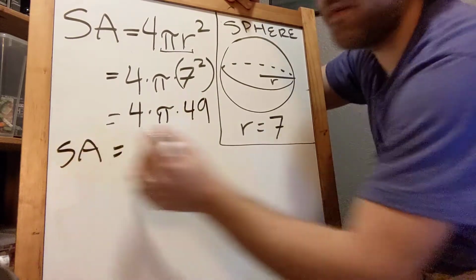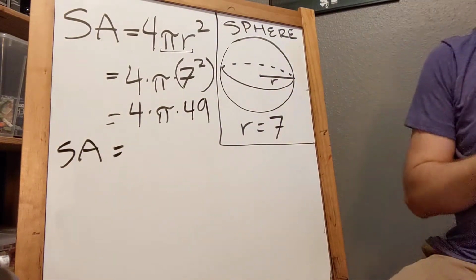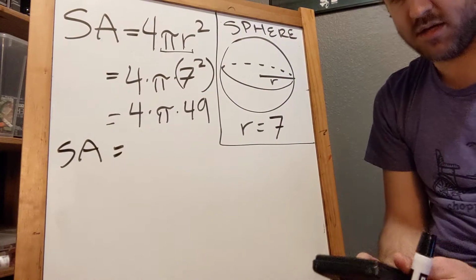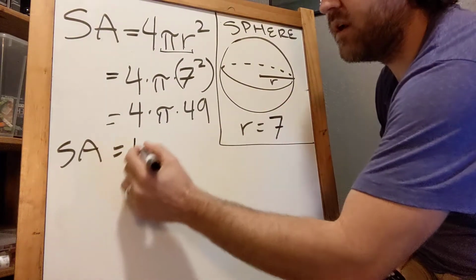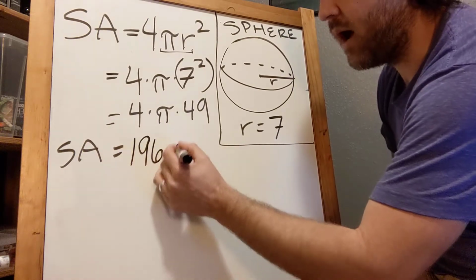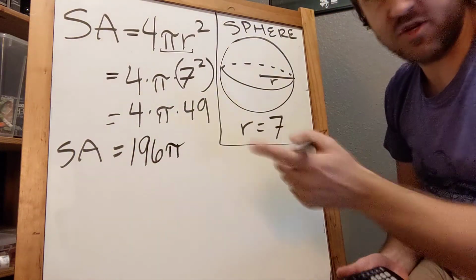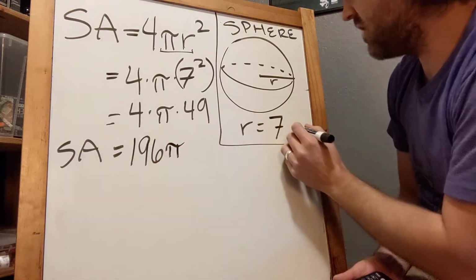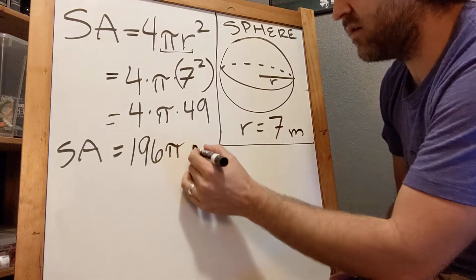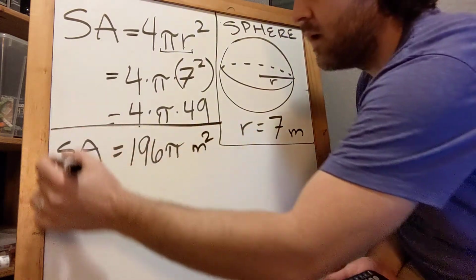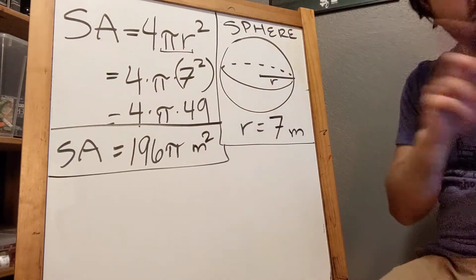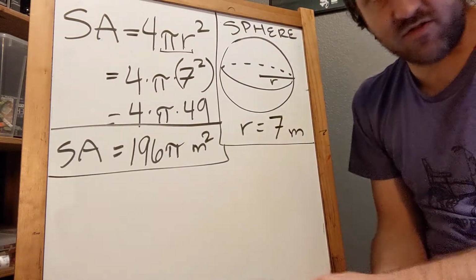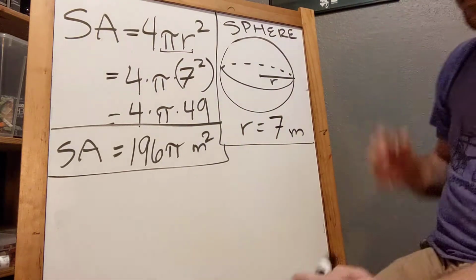We're still doing surface area, so we're going to get our calculator here, and we have 4 times 49 is 196 pi. Again, don't calculate pi, just leave it there. And we'll say this is meters squared. And then that is the surface area of that sphere. Only one value. There's no lateral, no base, just one answer.